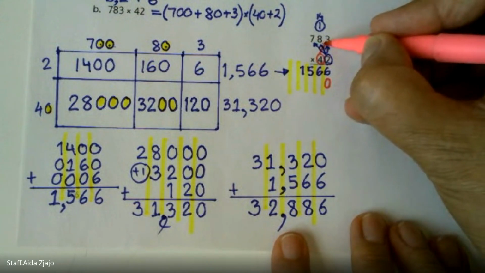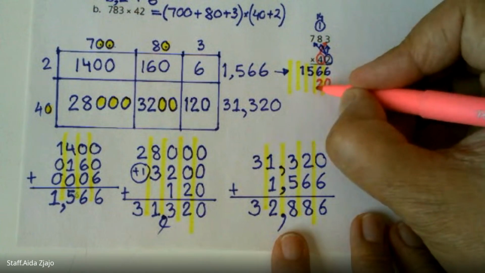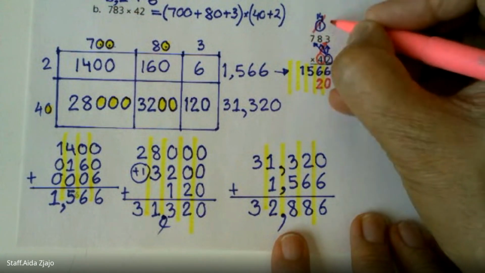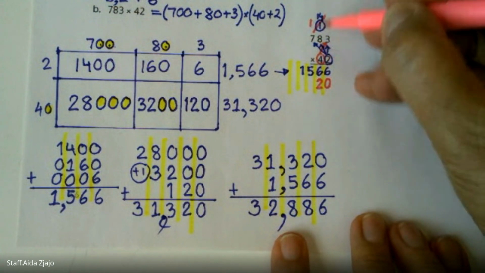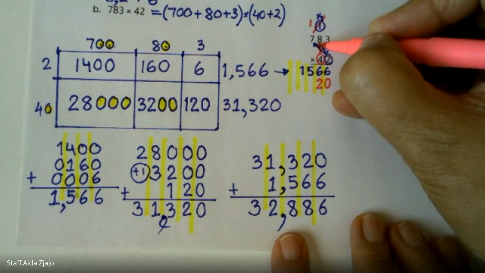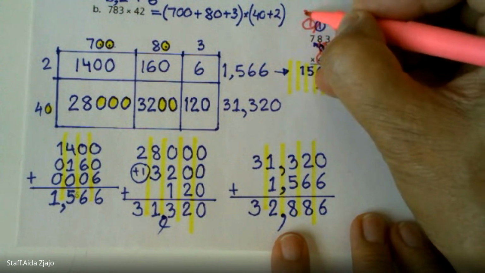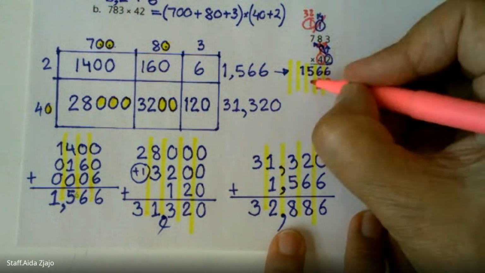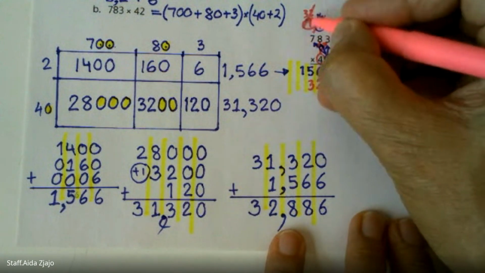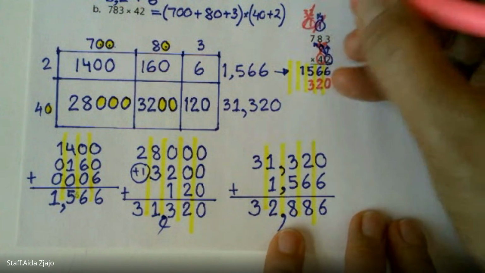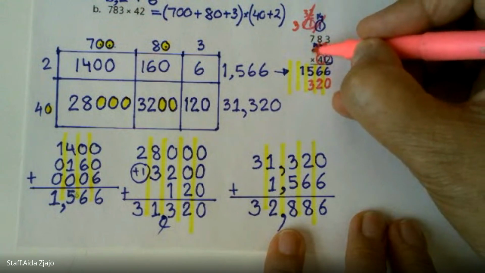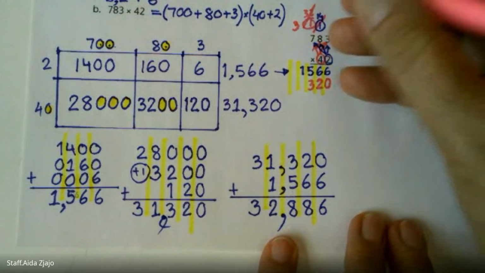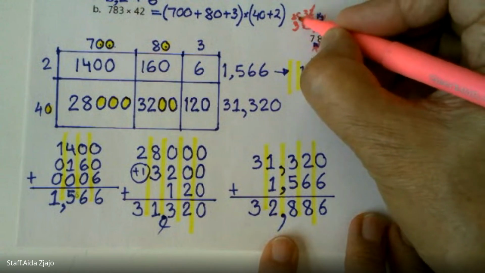Now I'm going to do 4 times every number on the top. 4 times 3 is 12. 2, I remember 1. Okay, 4 times 8 is 32, and 1 is 33. 3, I remember 3. Okay, and 4 times 7 is 28.